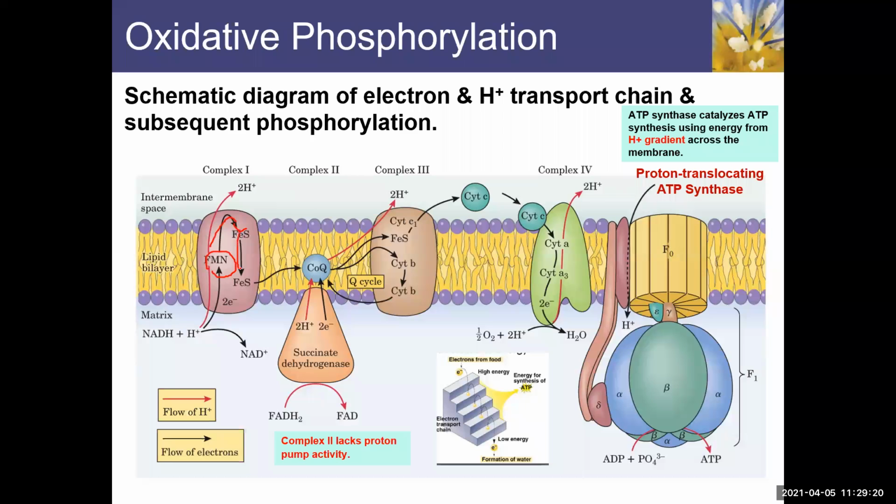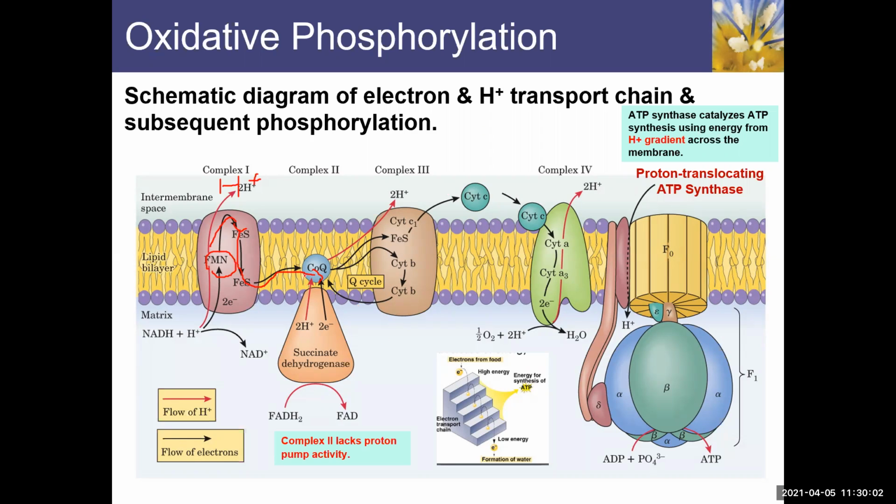And then finally from the FES, the electron will be given to the COQ, the coenzyme Q. Are we okay till now? So we pumped the protons over here, and at the same time we transmitted the electrons from the NADH to FMN to FES, and from FES to COQ. Any questions till now? So two things happening at the same time: protons being pumped and the electrons being transferred.